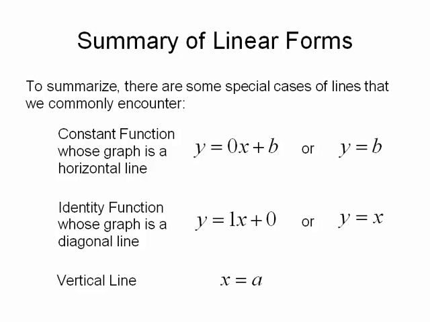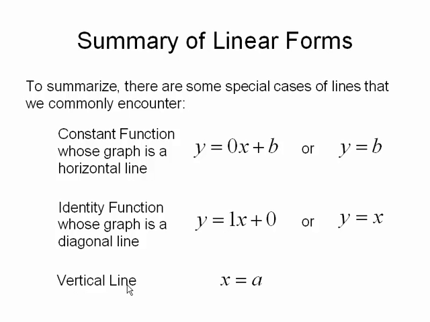In summary, we've seen a number of different things here. There are some special cases of lines that we commonly encounter. The first one being the constant function, which is just a horizontal line, and that's just y equals some constant. I'm calling it b here. If we have the identity function, that's a function whose graph is a diagonal line, and that just means it goes through the origin, so the intercept's 0, and its slope is 1, and that's just the line y equals x.